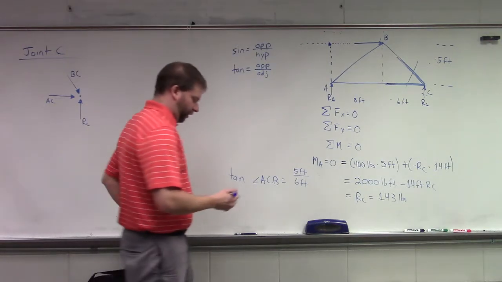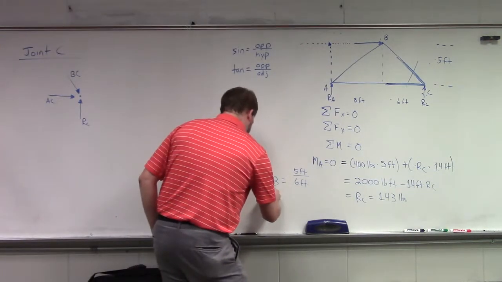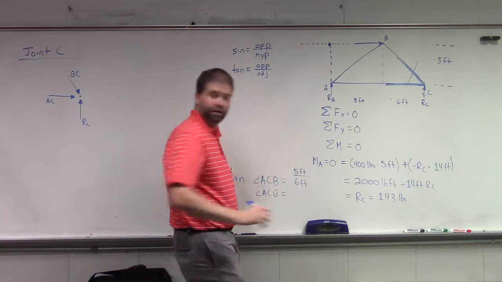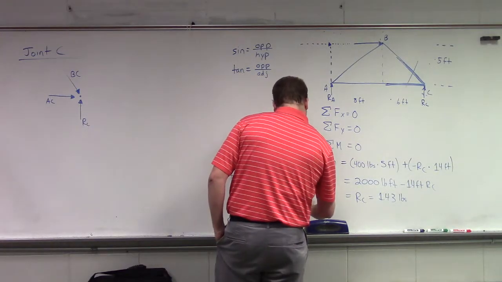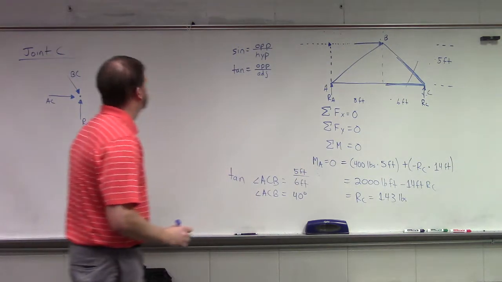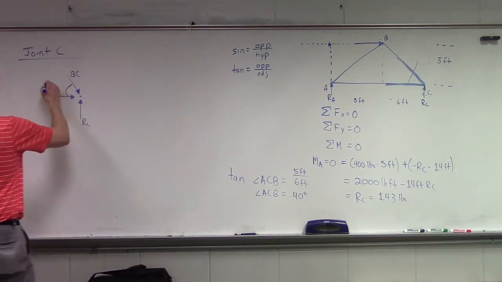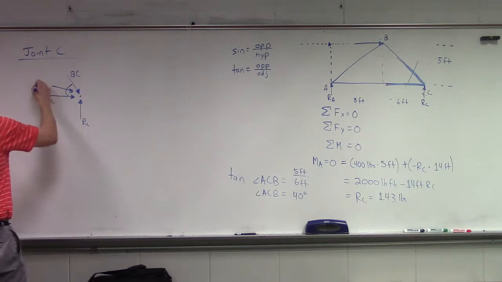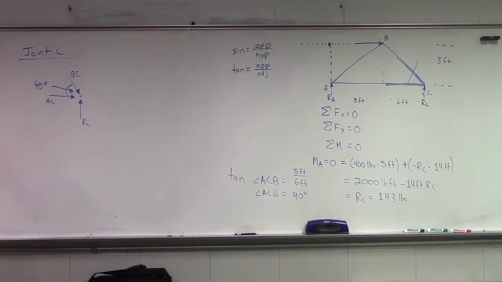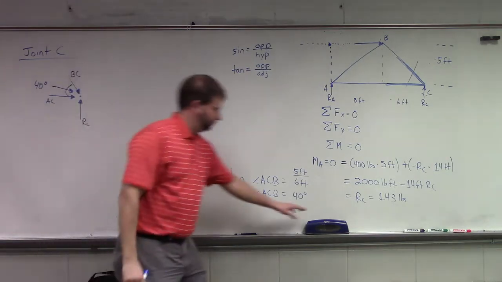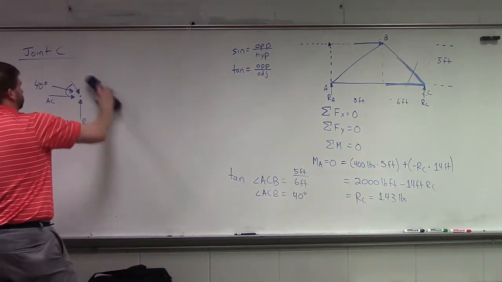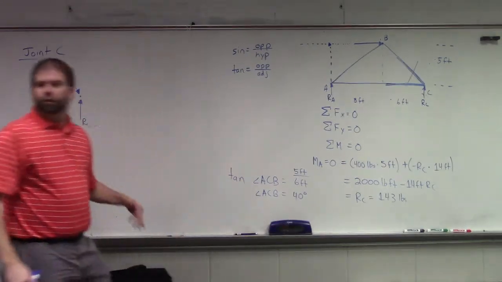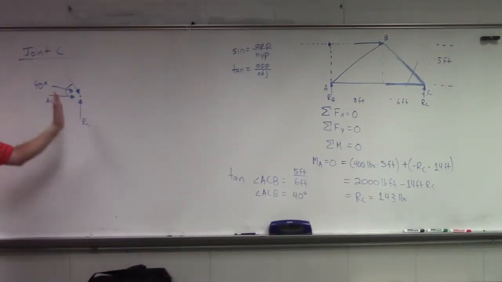Okay, so what does our angle ACB end up being? I think it's 40 degrees. Yeah, 39.8, close enough, we'll call it 40 degrees.